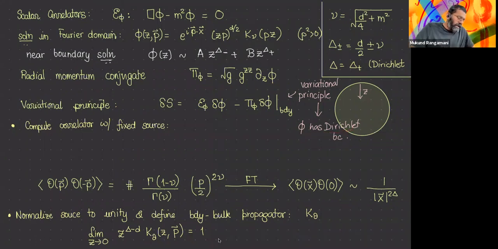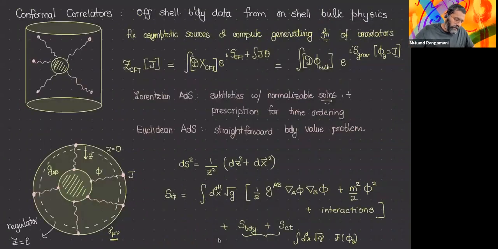But if we go back to our metric, you see that this metric enjoys scale invariance under z to lambda z and x to lambda x. This scaling is really a dilatation from the point of view of the boundary, because it's just scaling up the boundary coordinates.